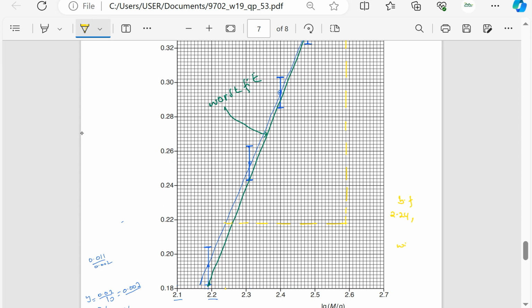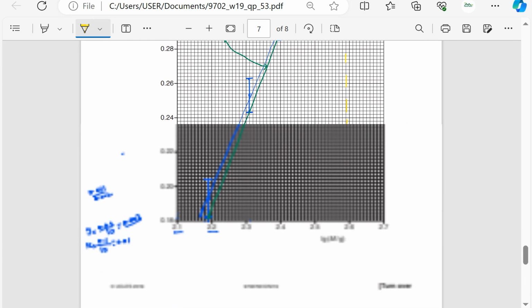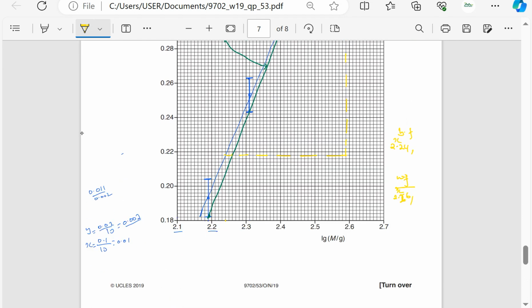Then for the worst fit, the x coordinate is 2.26. These are the x coordinates. Then the second x coordinate: they have the same second x coordinate because of this vertical line here.